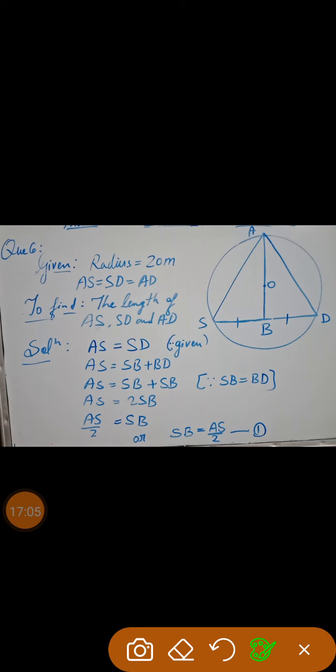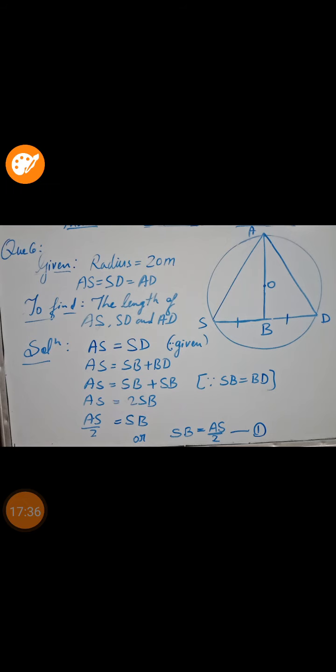Now we know that SB and BD both are equal, so in place of BD also we are writing SB. Why? Because SB and BD are equal. So SB is written as SB and BD is also written as SB. SB plus SB will be 2SB.